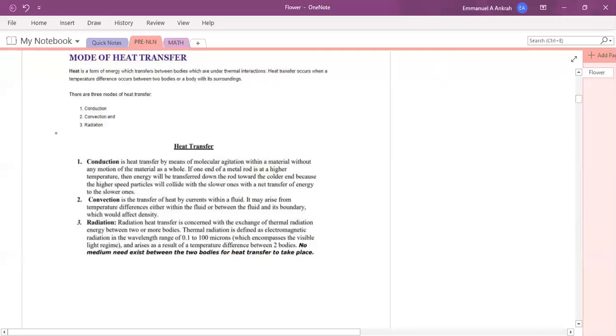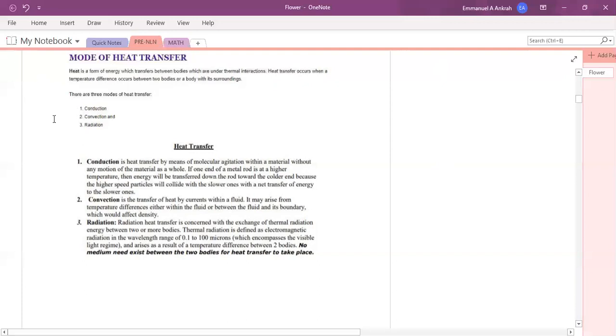So remember, heat is transferred from hot to cold objects. So there should be some temperature difference between the two objects for the heat to be transferred from hot to cold. And there are three modes of heat transfer. The first one is called conduction, and then we have convection, and then we have radiation. Conduction, convection, and radiation. Those are the modes of heat transfer. Okay.